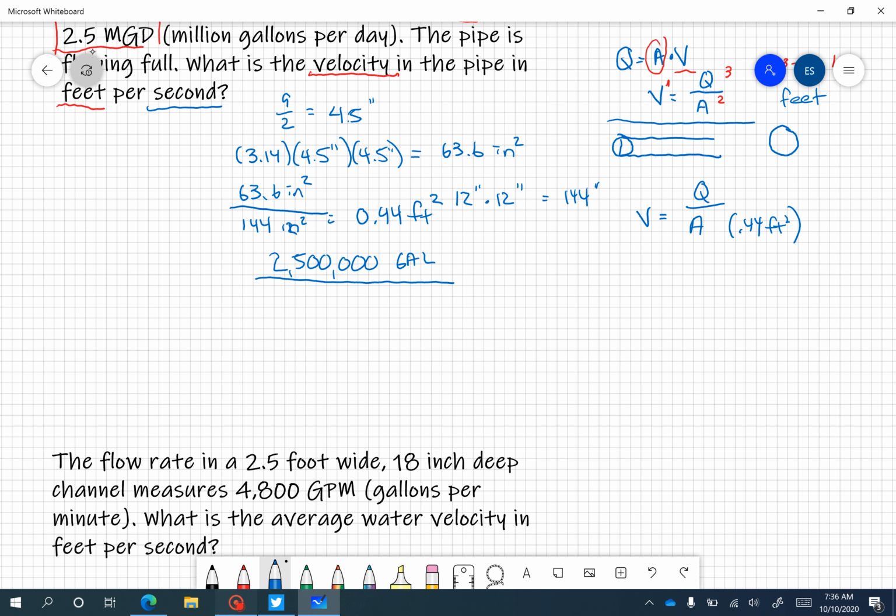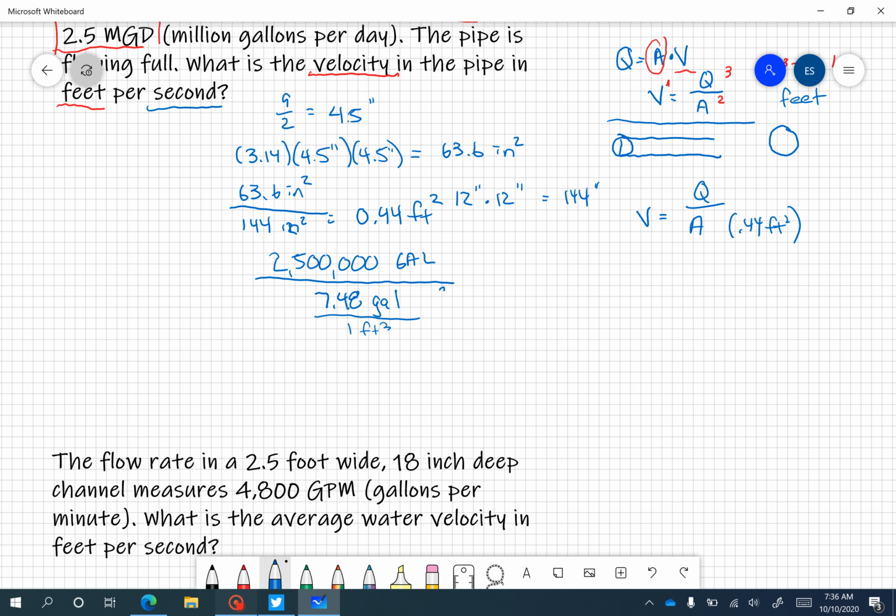I know that there are 7.48 gallons per cubic foot, which I could also write as 7.48 gallons in 1 cubic foot.